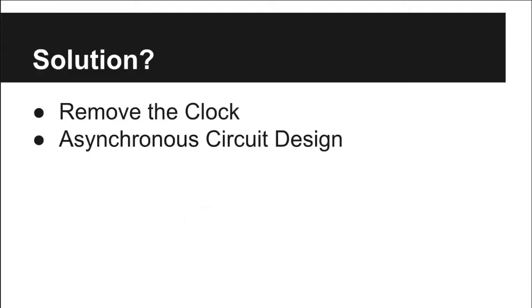So what solutions are available to the drawbacks of synchronous CPUs? Most of the problems are a result of the clock, so the obvious solution is to get rid of the clock. And this is one major area of research for improving CPU design, that of removing the clock altogether and having a clockless CPU.